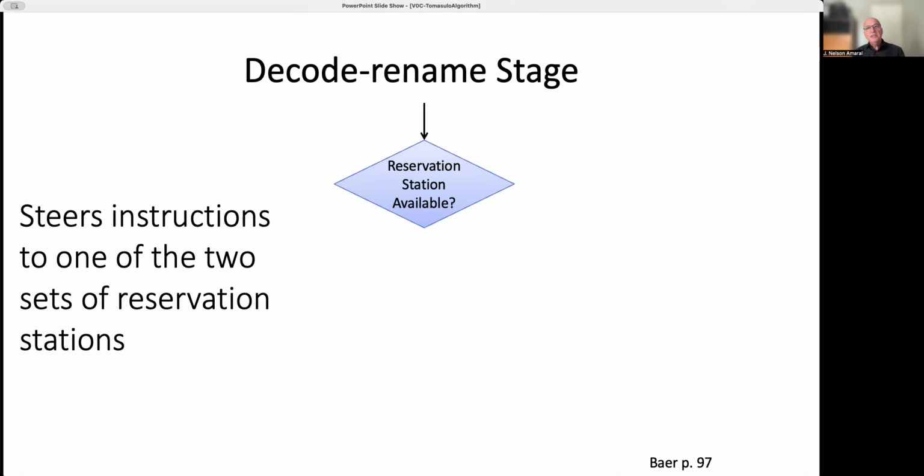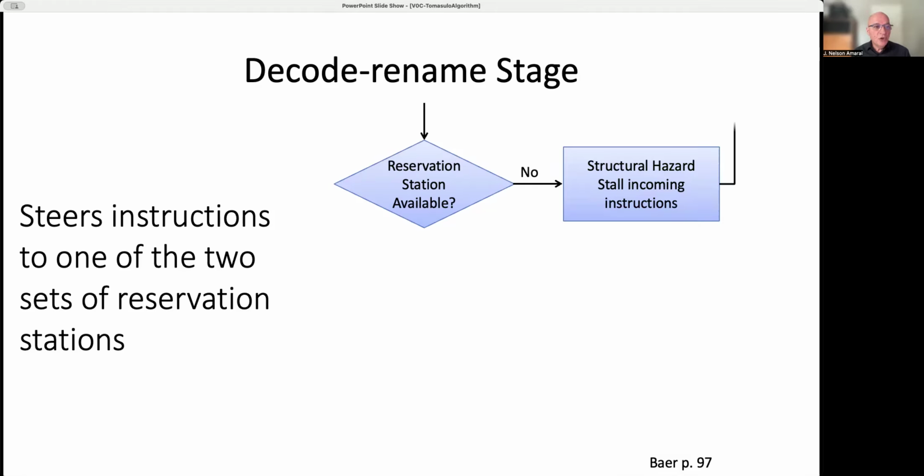So the first stage for the execution of this machine is the decode and rename stage. The goal of this stage is to steer the instructions and place them in one of the two reservation stations. So if you're going to place something in a reservation station, the first test that we need to do is to ask if there is an entry that is available for the instruction in the reservation station.